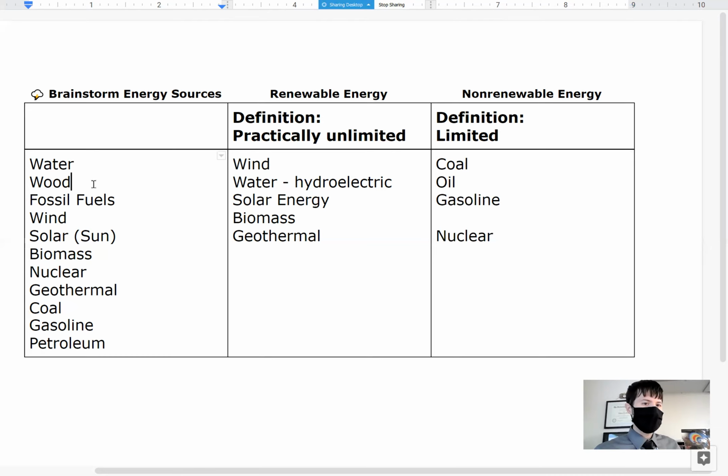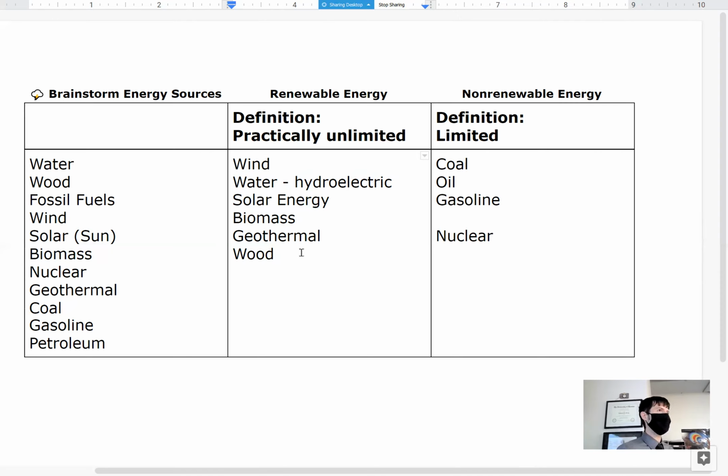What about wood? What do you guys think about wood? Do you think that belongs in the renewable or non-renewable? Why do you say non-renewable? Yeah, so wood is actually now considered renewable because even though burning wood is not a clean process, like a lot of these other processes are pretty clean, wood grows back, obviously.